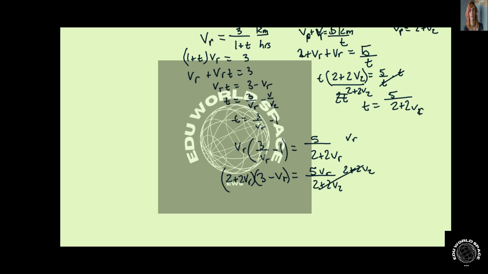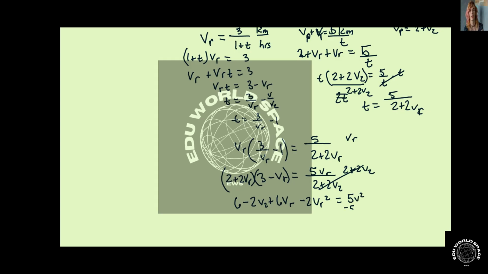As these cancel out, our 2 times 3 is 6, minus 2 VR plus 6 VR minus 2 VR squared equal to 5 VR.